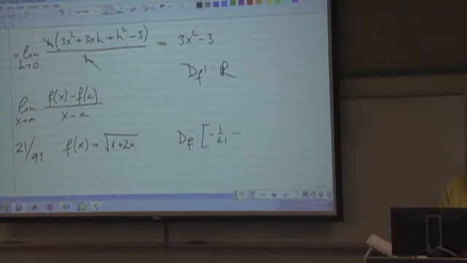Negative 1/2 to positive infinity. Does that make sense? Again, the whole idea is not to guess, right? We have 1 plus 2x greater than or equal to 0. Just work out the algebra and you'll end up with x being bigger than or equal to minus 1/2. Right? Okay. So, what is f prime?